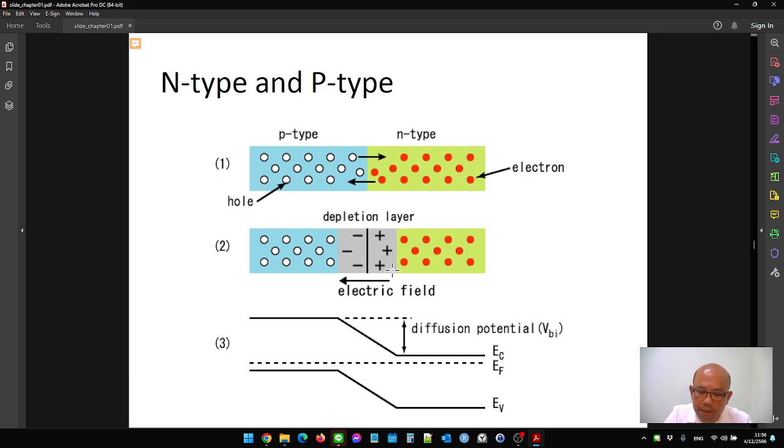The depletion layer has a small electric field, a small voltage at the joint position, which cannot supply a motor.